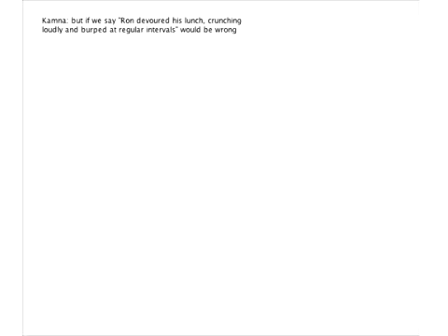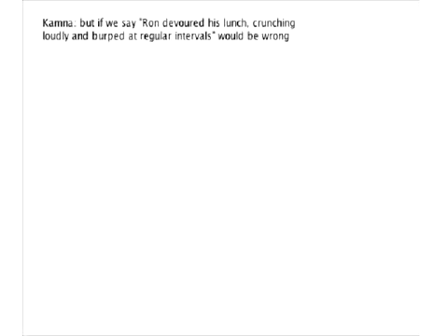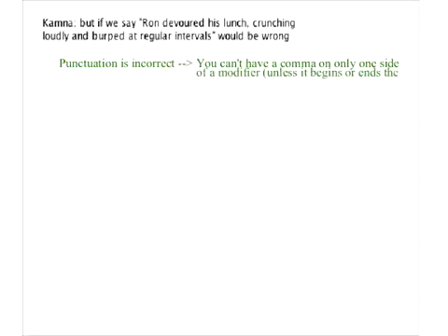So let's try to limit ourselves to about 1 minute or less of discussing this. But what's incorrect here is the punctuation, because you can't have a comma on only one side of a modifier, unless it begins or ends the sentence.